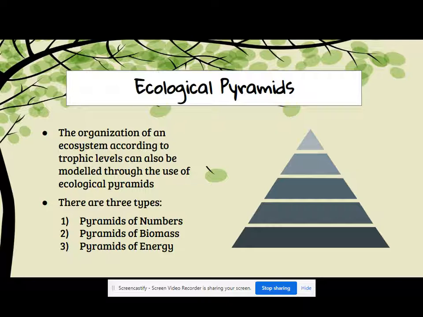That organization of animals in these different types of pyramids is really fascinating. This pyramid on the slide is an energy pyramid where it looks like a traditional pyramid. There's less energy at the top, more energy at the bottom. That is not always the case for the other types of pyramids.